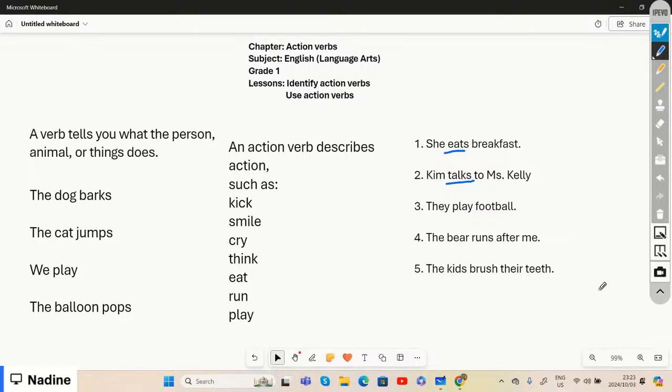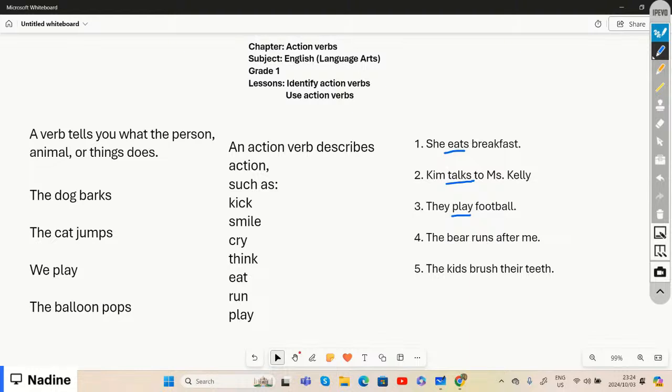What is our action verb? And then we will choose play as our action verb.